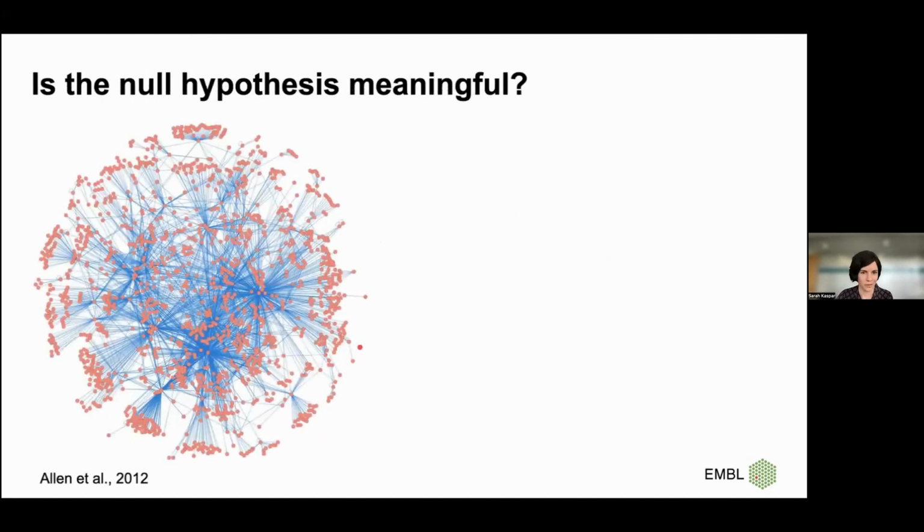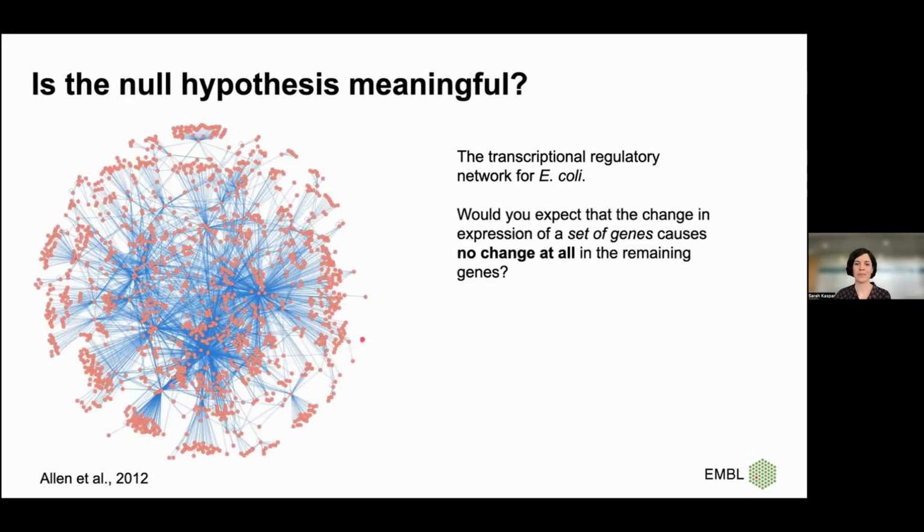Now I'm showing you here the transcription and regulatory network for E. coli, where you see that basically everything is connected somehow with everything. So the question is, would you really expect that if something changes the expression of some of these genes, this change causes no change in expression at all for the other genes?